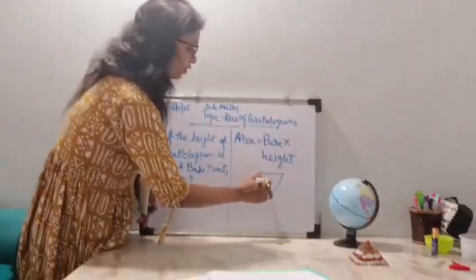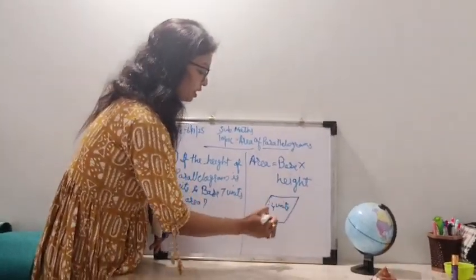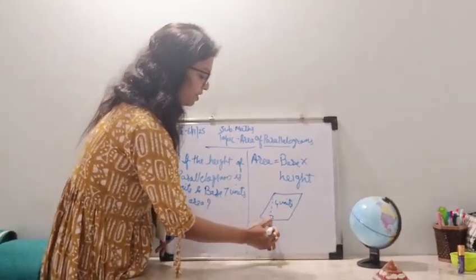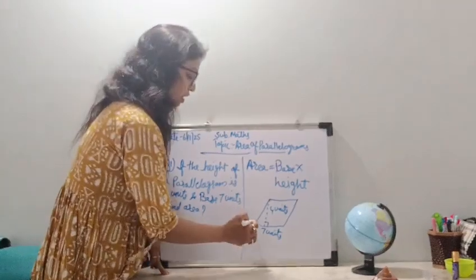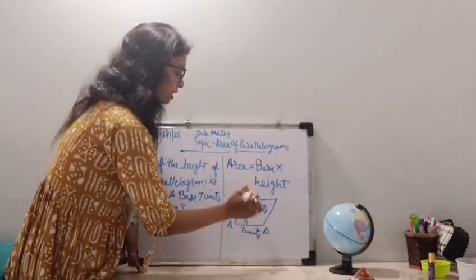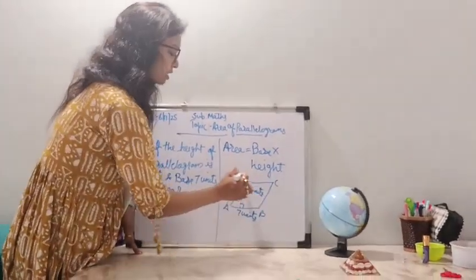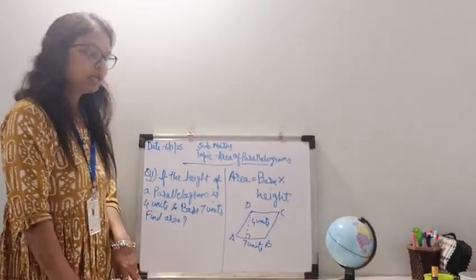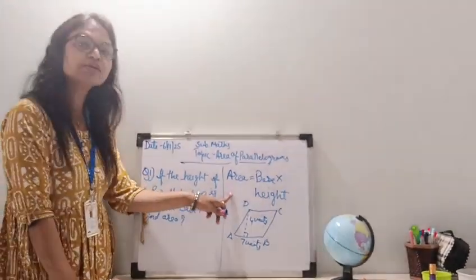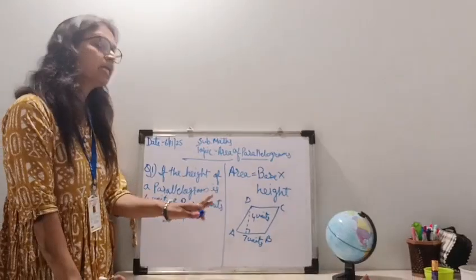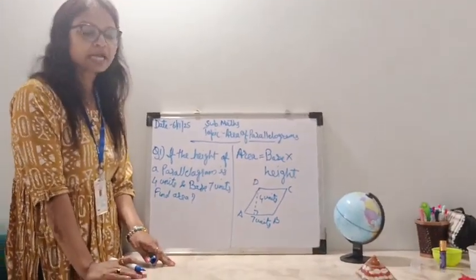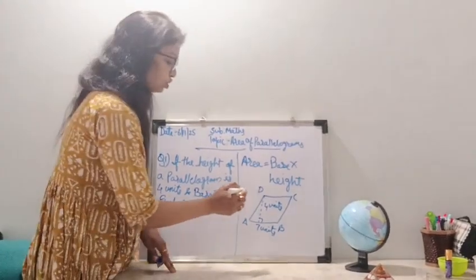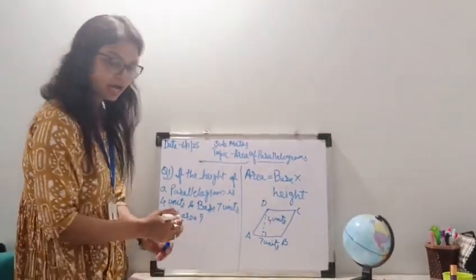This will be 4 unit and this one will be 7 units, right? Assume A, B, C and this is D. Now what formula is there? What is the formula? Area is equal to base multiplied by height. Simple calculation we have to do.